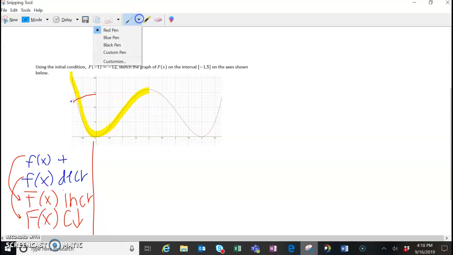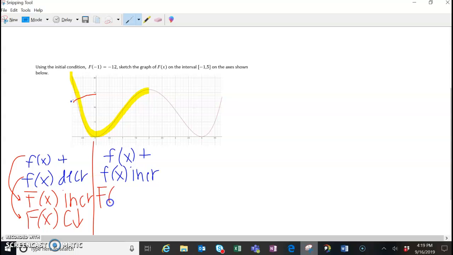From here, we'll ask kids to identify certain characteristics. We'll say f of x is still positive because I'm anchored above the x-axis, but now f of x has switched direction and is an increasing function. We'll popcorn around the room and say, what does that tell us about big F? There should not be any surprises on the first part. If f of x is positive, big F is increasing.